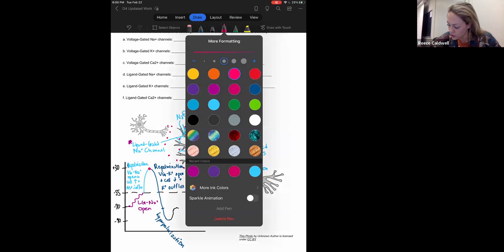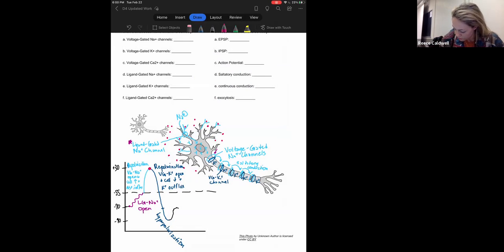I'm going to change it to this color right here. What we see is that we will open up these voltage-gated calcium channels. So here is voltage-gated calcium channels.